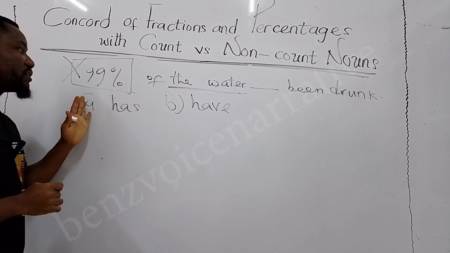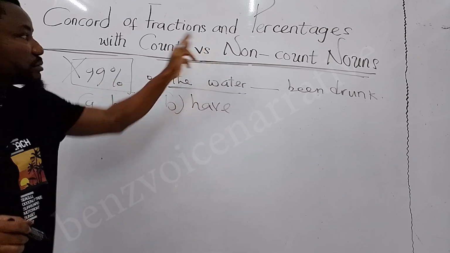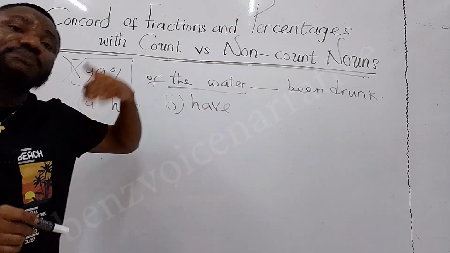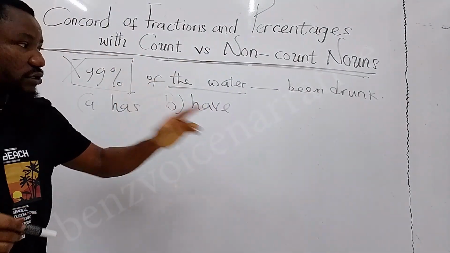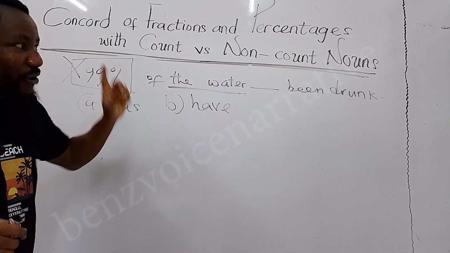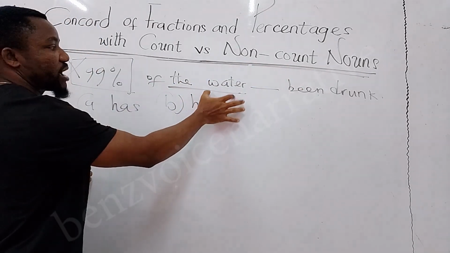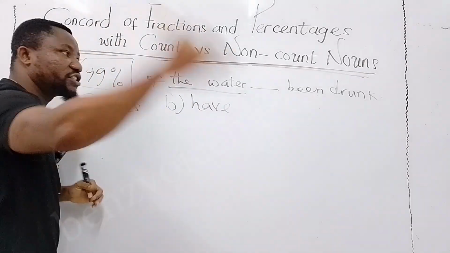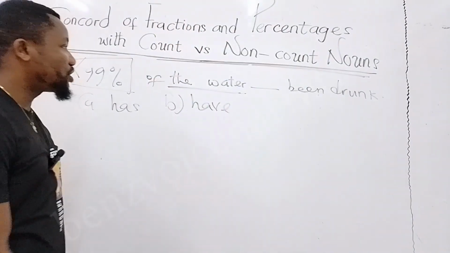The noun that comes after the fraction, if the noun is a countable noun, and the countable noun is plural, your verb will be plural. If the countable noun is singular, then your verb will be singular. If the noun is a non-count noun, just like we have here, 99% of the water, every time you have a non-count noun, then your verb will always be a singular verb.